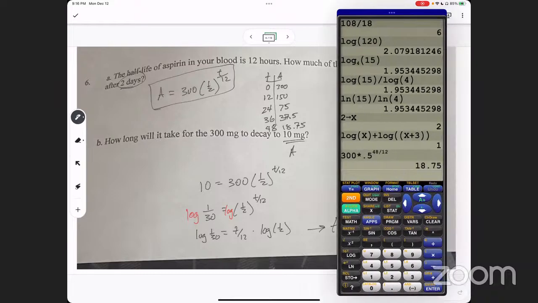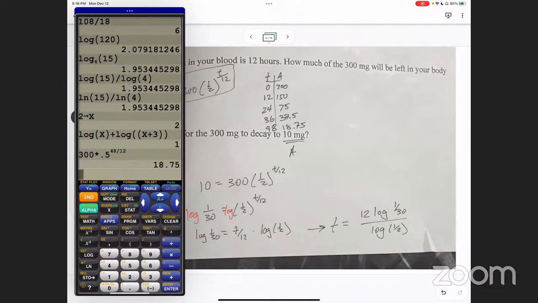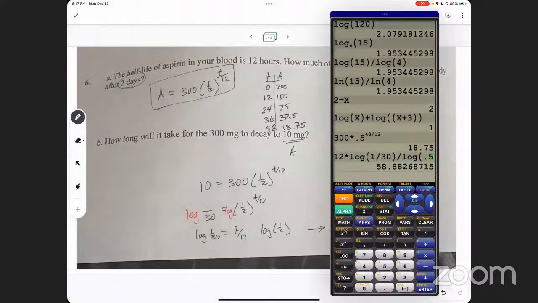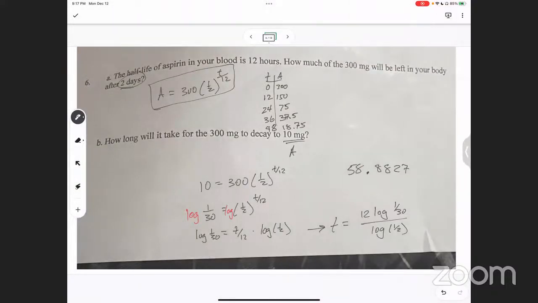And now just punch that in your calculator carefully. 12 times the log of 1 over 30, and I'm going to divide that by the log of 1/2, or 0.5. 58.8827 hours.